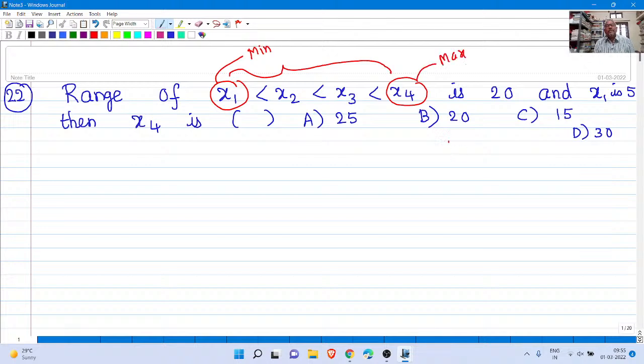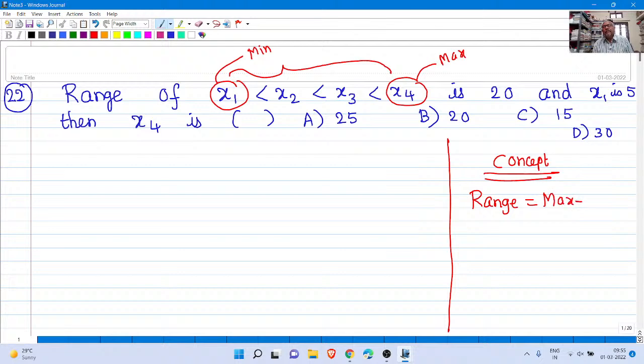What is the range? Concept of the range. So let us write the concept of the range. Range equals maximum minus minimum. So solution: 20 equals maximum is x4 minus minimum is x1. x1 is given, x1 is 5.